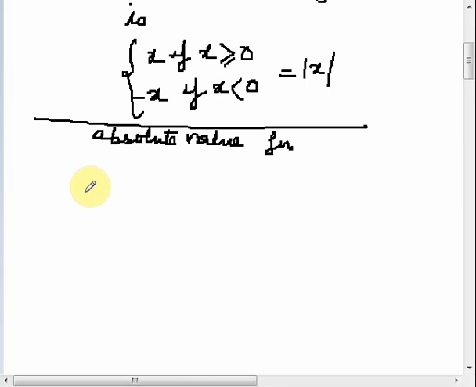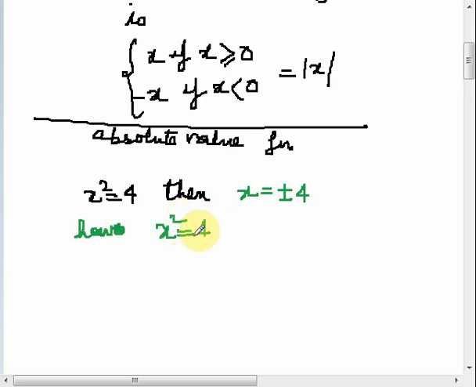Suppose x square is equal to 4 is given, then x is equal to plus minus 2. However, if x square is equal to 4 is given, its value will be x equal to plus root 4 and minus root 4, and this is equal to 2, this is equal to minus 2.